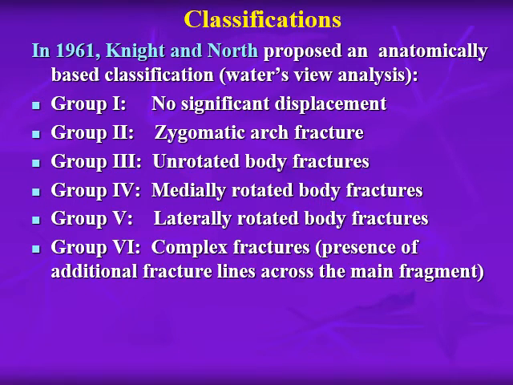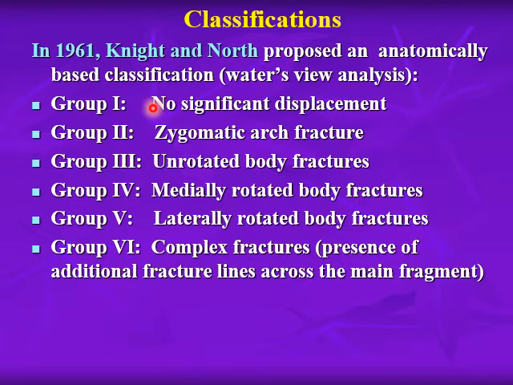Another classification is the Knight and North classification in 1961. This classification depends on the analysis of Waters' view, and it classifies the zygomatic fracture into 6 groups.